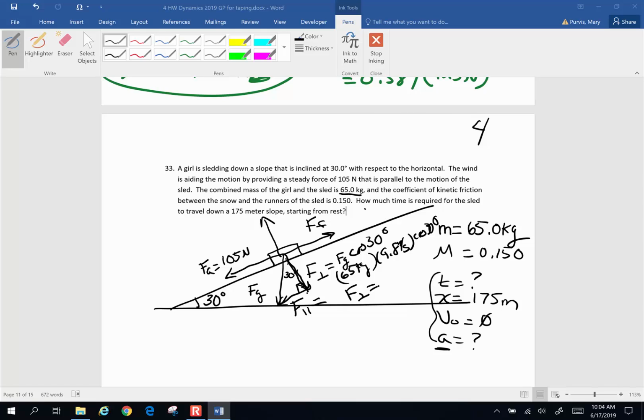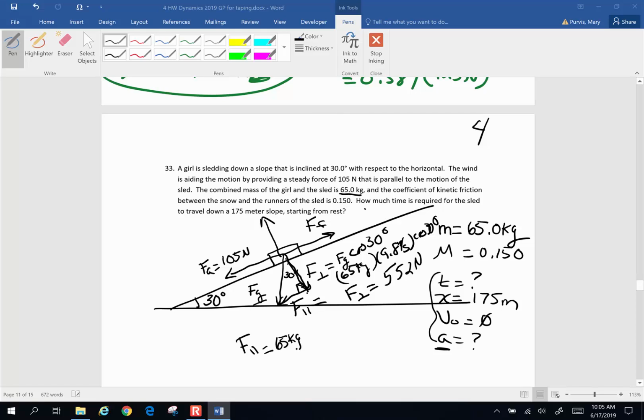So 30 degrees cosine times 9.8 times 65. I end up with 552 newtons is perpendicular.